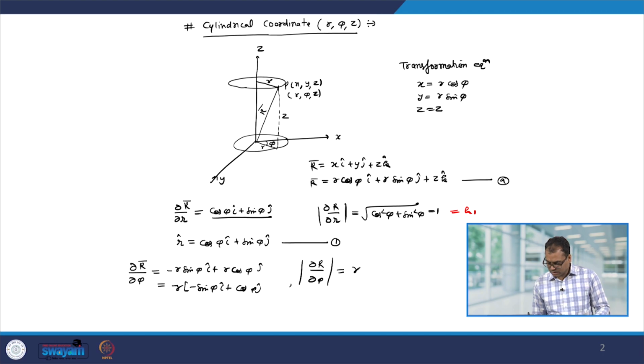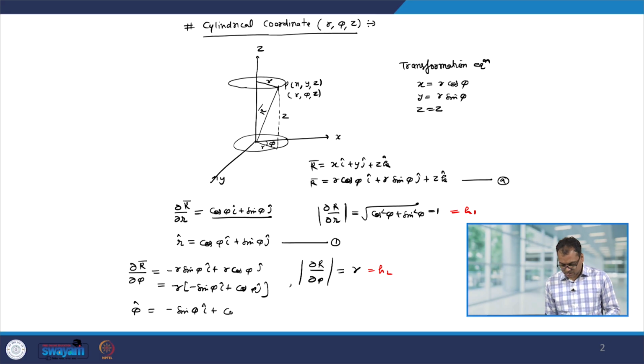This is indeed r, because square root sin square phi plus cos square phi is equal to 1. So, therefore, this becomes your h2, and whatever is there in the bracket is your phi cap. So, this is minus sin phi i plus cos phi j. Let us call it equation number 2.